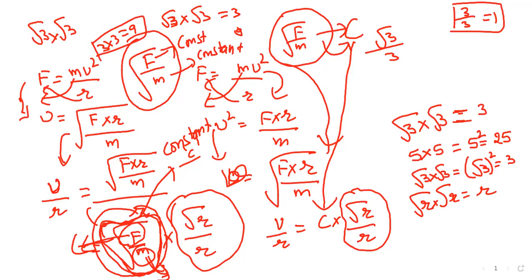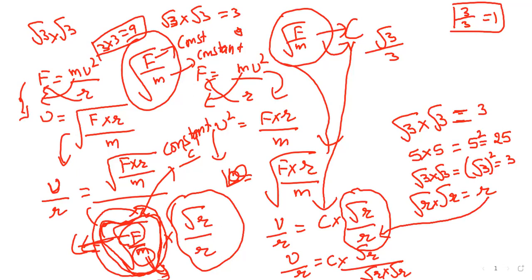So let's just substitute r as square root of r times square root of r. So our v upon r, it's going to be c times square root of r times square root of r times square root of r. Okay.